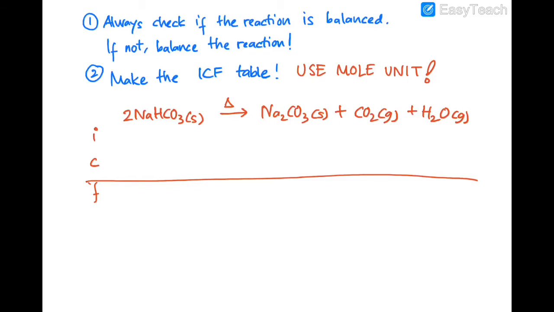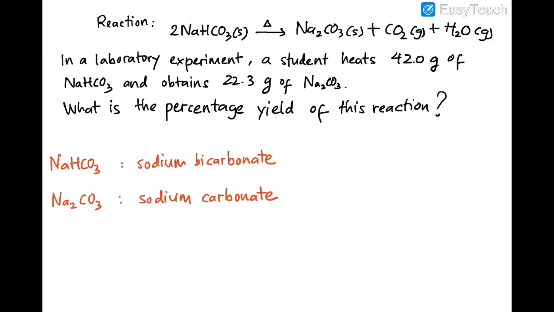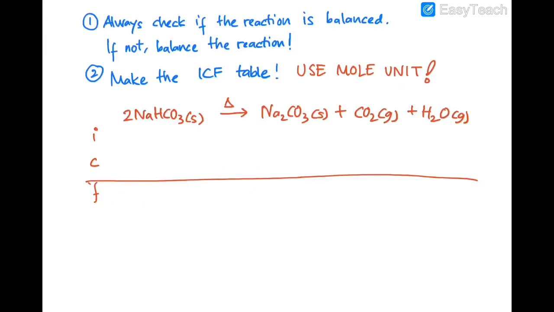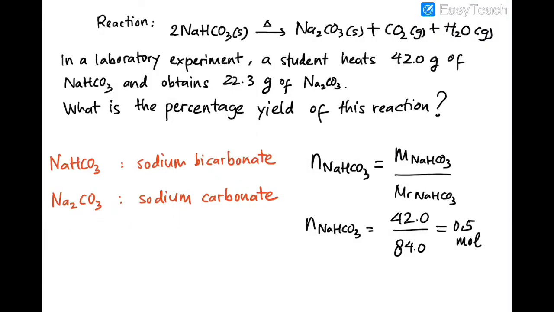Now, in the problem that we have, what we know is the mass of NaHCO3, and that is 42 grams. First, we have to convert this into the mole value. From the data that we have here, 42 grams of the sodium bicarbonate, we can find the mole for sodium bicarbonate.